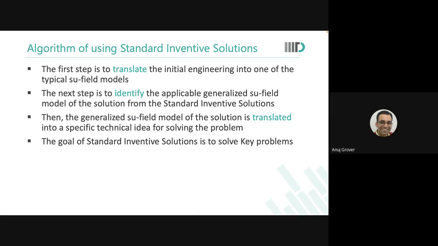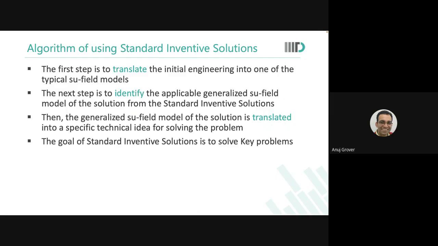Okay. Then identify which of the generalized substance field problem statements this model represents. If you are able to relate it to one of the standard 75 substance field problem models, the solution is evident, available there.